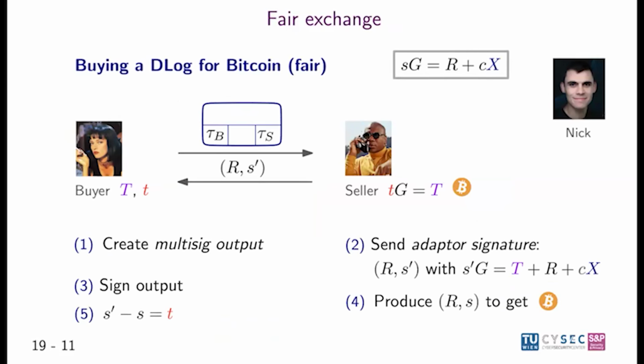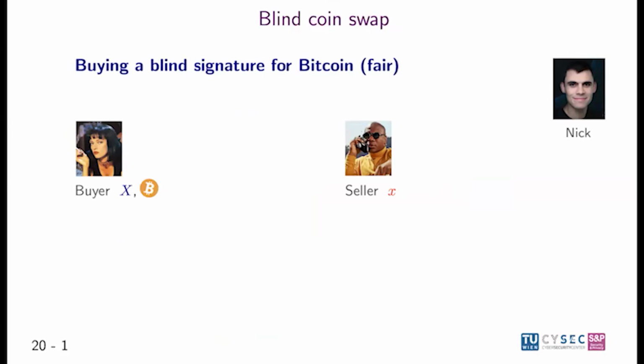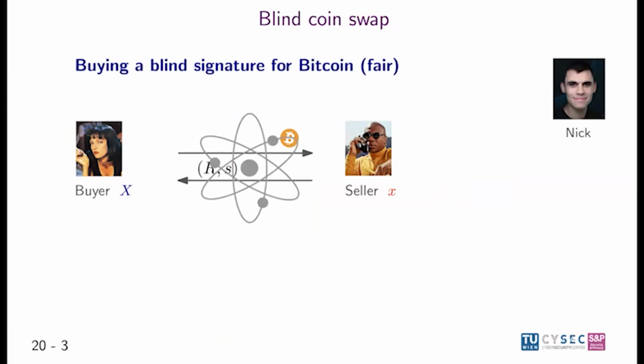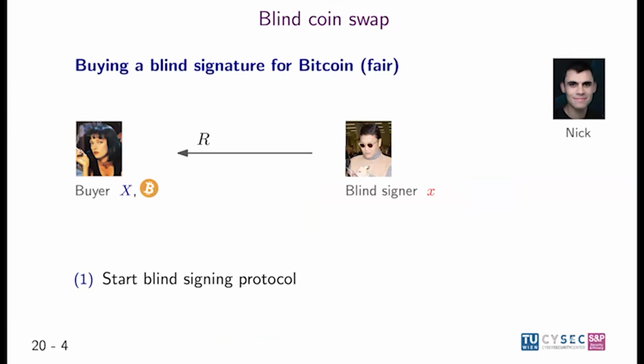Again, abstracting away, what do we have now? We have a protocol that allows you, in an atomic way, to buy a discrete logarithm for Bitcoin. And once you have that, I argue that buying blind signatures is very straightforward. Now we want to buy a blind signature for Bitcoin. What you do is you just run the blind signing protocol.